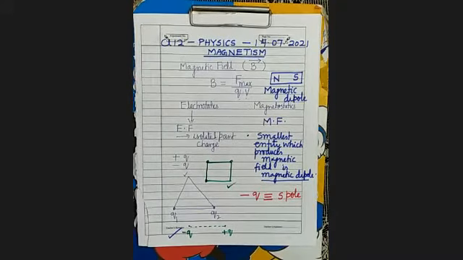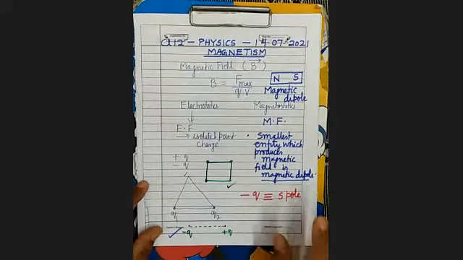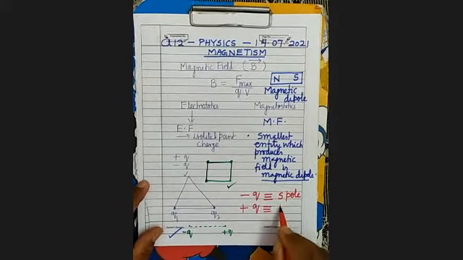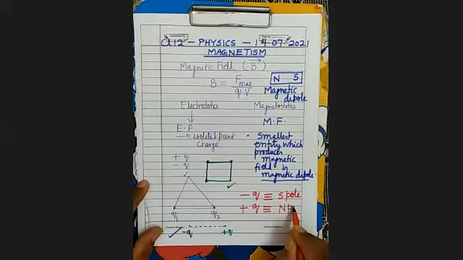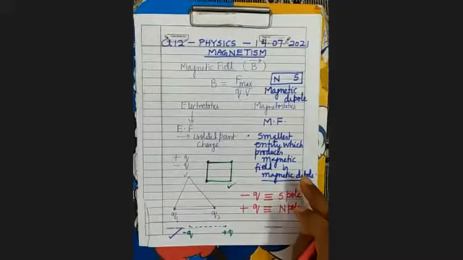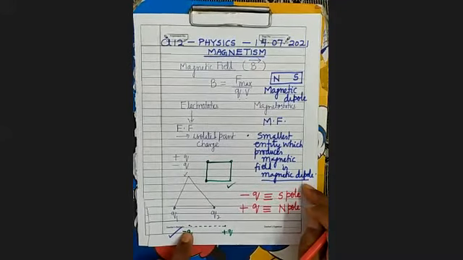It's clear? It is just an assumption. There is no scientific evidence about this. And the positive charge is equivalent to the north pole. So in magnetostatics, the magnetic dipole is equivalent to the electric dipole in electrostatics.